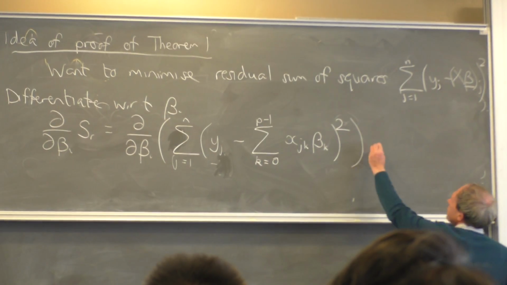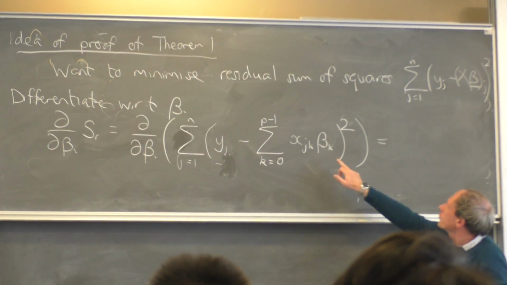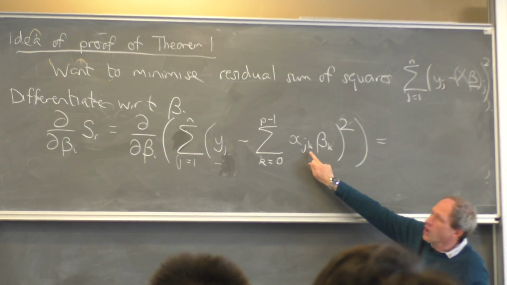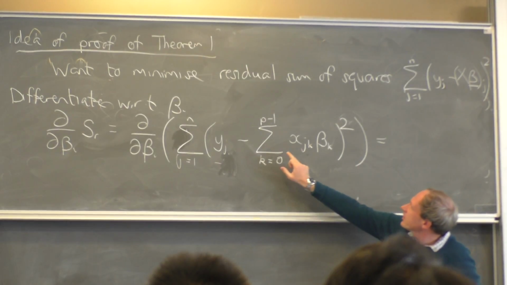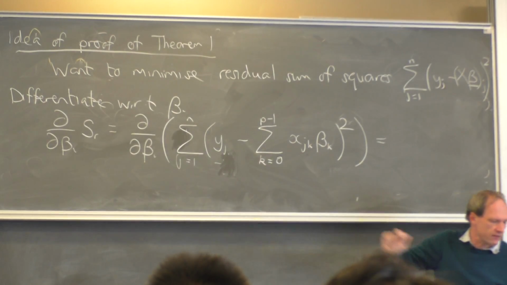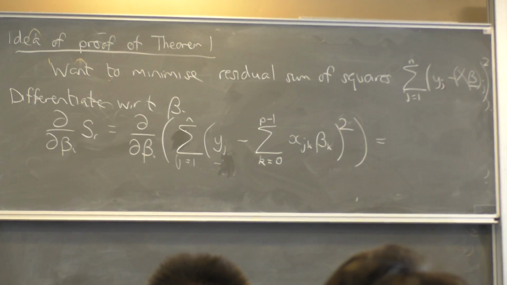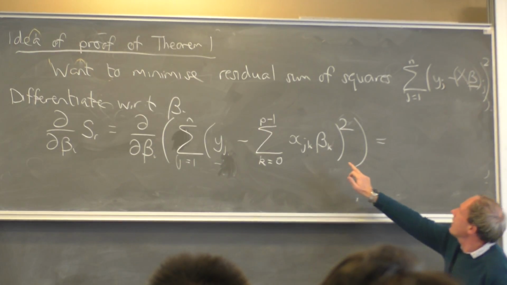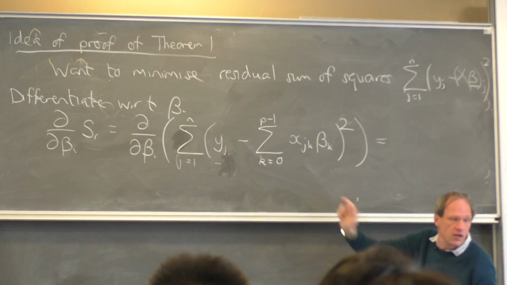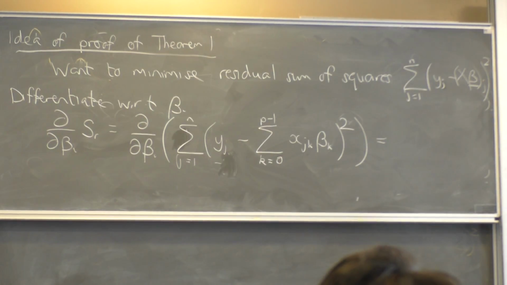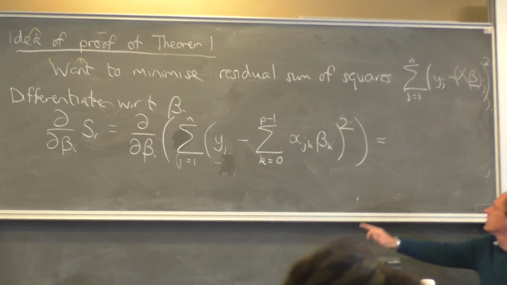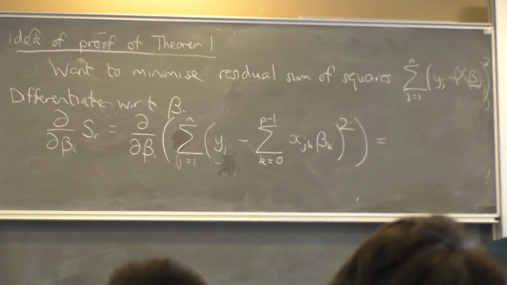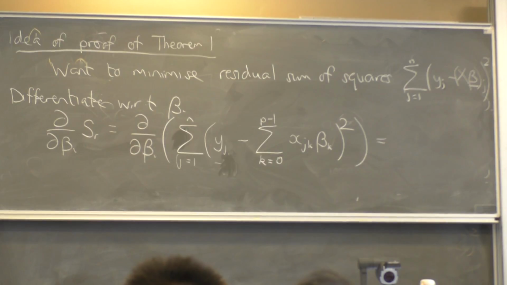So if you differentiate this, you're going to get a term which comes from this bit here, which, because you've got a minus times x j k, you're only going to get it in the case where k is equal to i, because that's the only case where we're differentiating with respect to beta i. So we need i here to actually get anything at all from that sum.